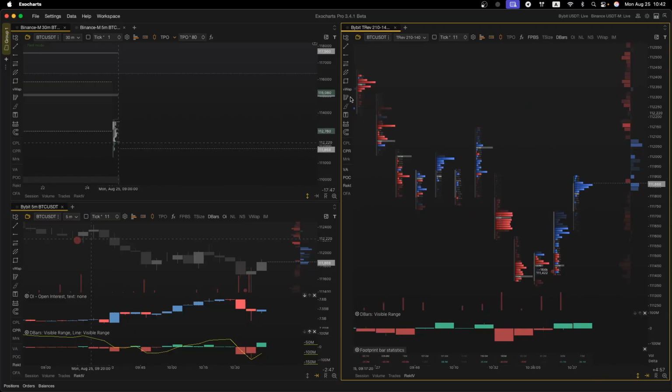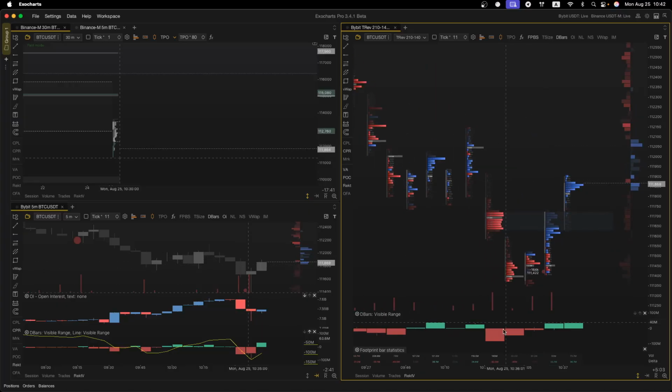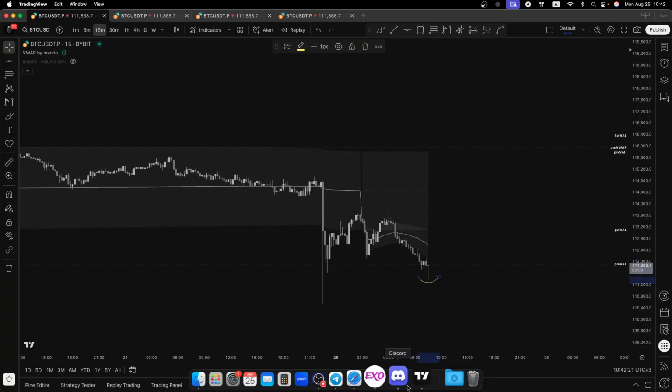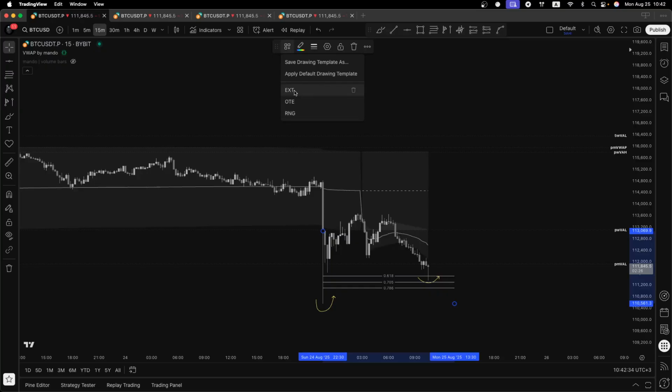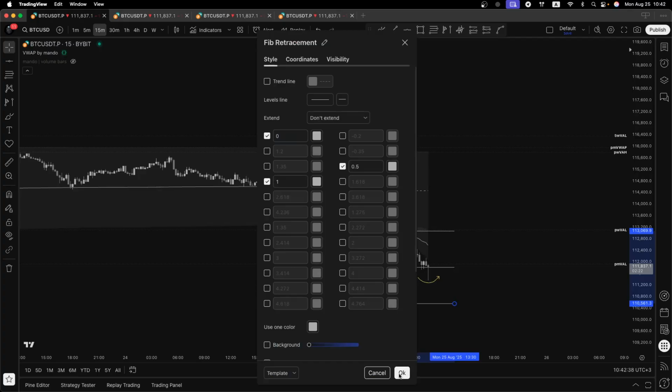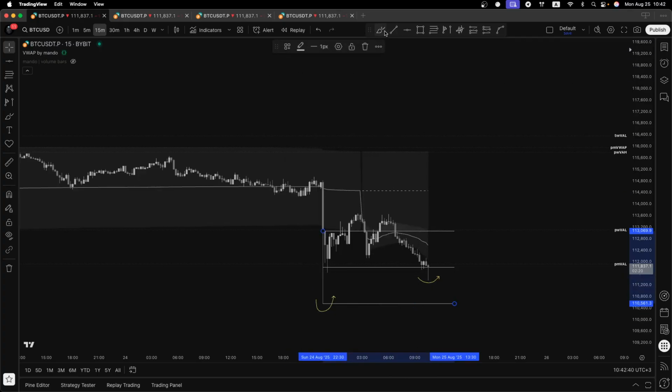So here we could take a long, by the way, for a reversal. So higher lows, by the way, these weeks tend to be filled by half of it. So yeah, this was like half of the week filled.